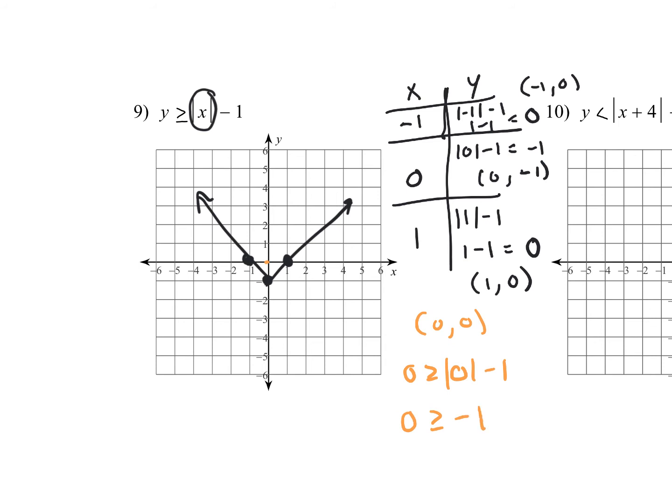Is 0 greater than or equal to negative 1? Is this true? Yes. So where am I going to shade? Inside or outside? Inside. Because 0, 0 is inside, so I shade inside.